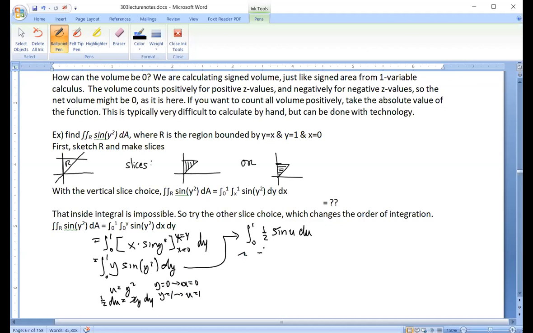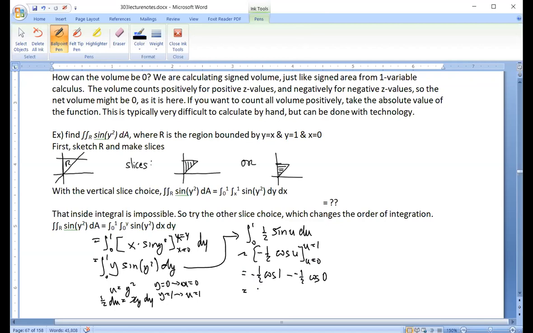Now we just go ahead and do this integral. This integral is negative 1/2 cosine u, and u goes from 0 to 1. So that's negative 1/2 cosine of 1 minus negative 1/2 cosine of 0.